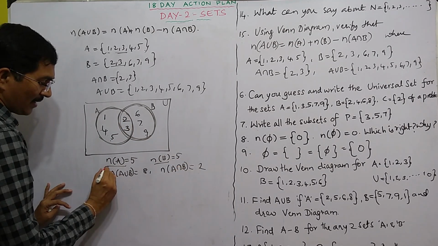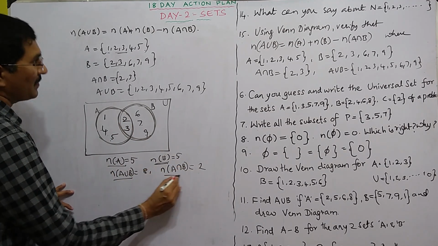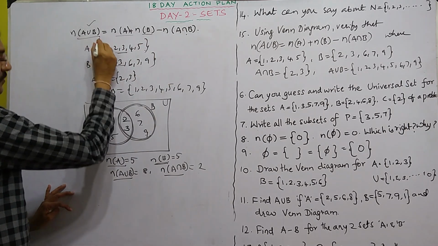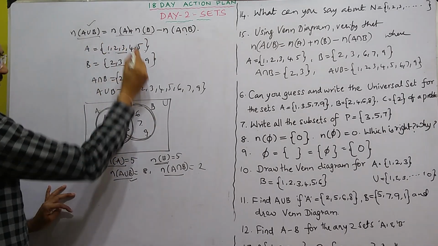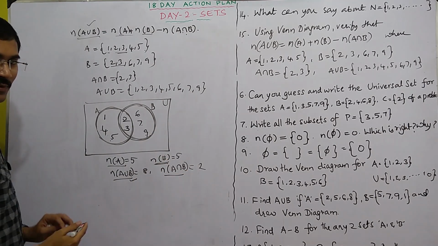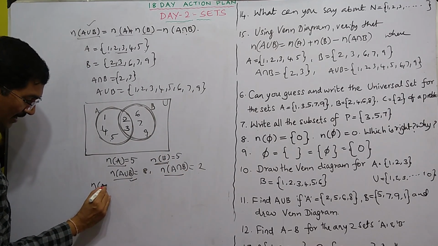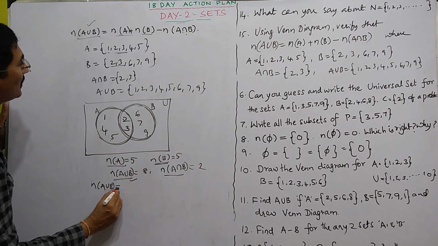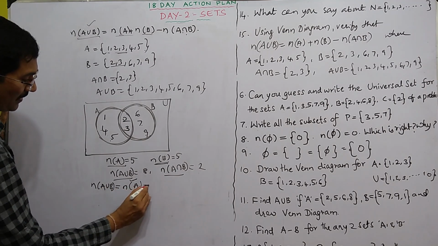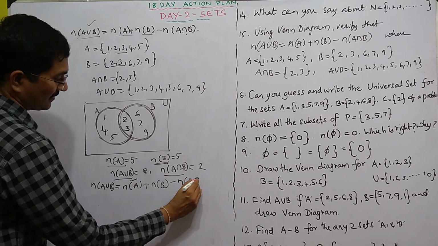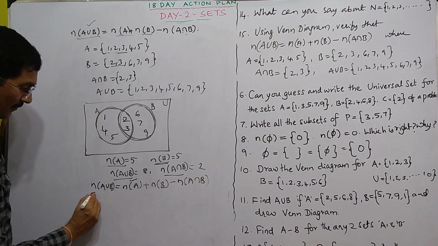It is 2. Why am I counting all these and writing? Because it is asked to prove that this is equal to this plus this minus this one. So we have found everything out. Now let us verify it. n(A union B) is equal to n(A) plus n(B) minus n(A intersection B).